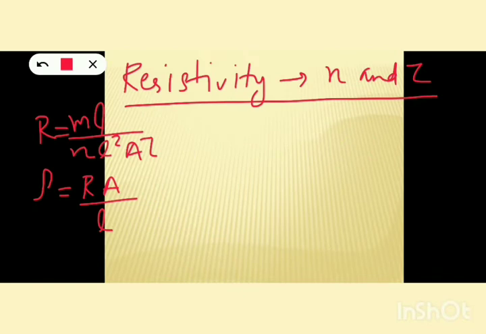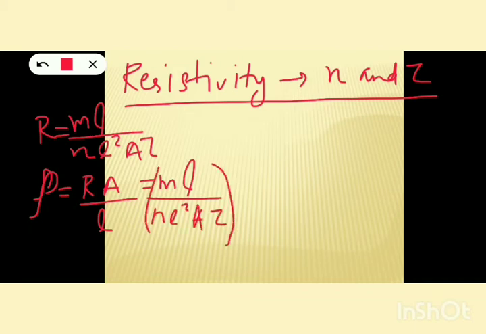So we have resistance R is equal to M L by N E square A into tau, and resistivity rho is equal to R into A by L, which is M L by N E square A into tau, into A divided by L. This L and L get cancelled, and A and A also get cancelled.